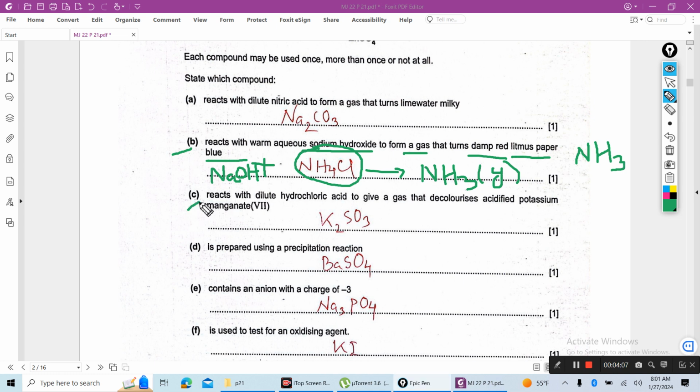Now C reacts with dilute hydrochloric acid to give a gas that decolorizes acidified potassium manganate(VII), KMnO4, potassium manganate(VII) or potassium permanganate.